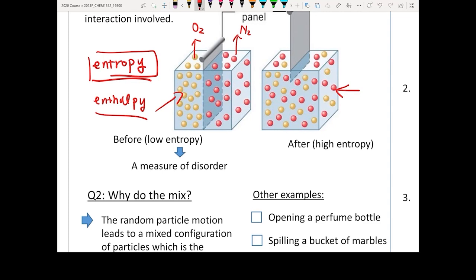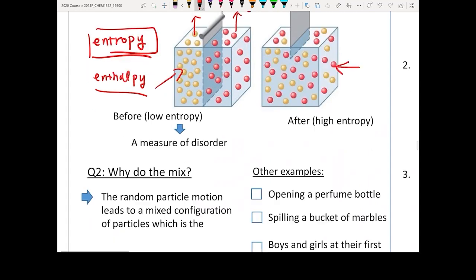But if today you give them a bigger space to run around, then they have more possible ways to distribute their energies. In other words, they go to a larger space and increase the possible states they can have. So that's an increase of entropy, which makes this mixing process a spontaneous process.